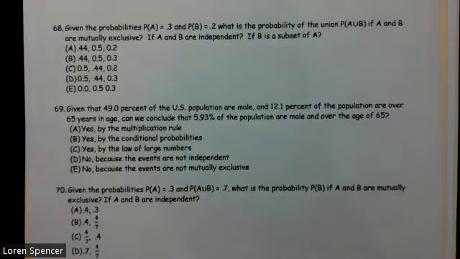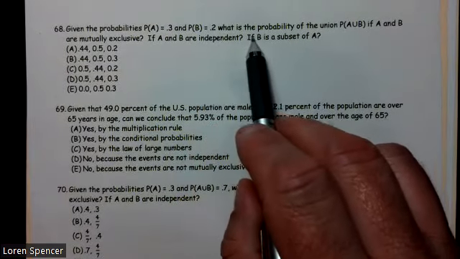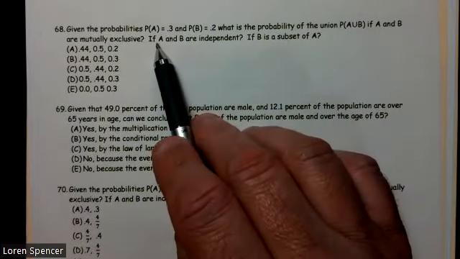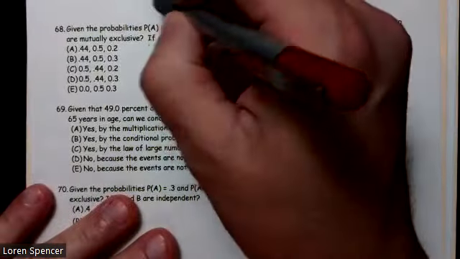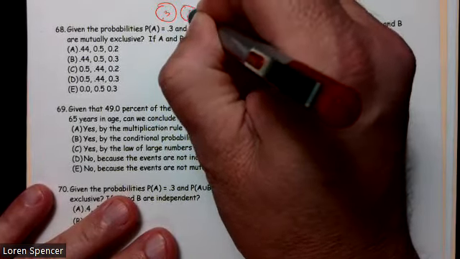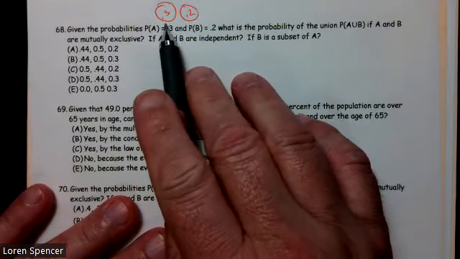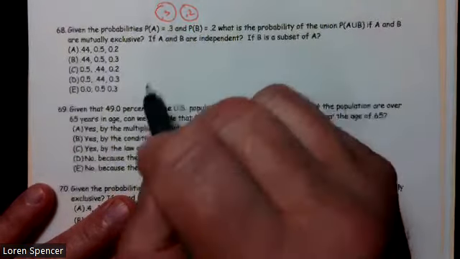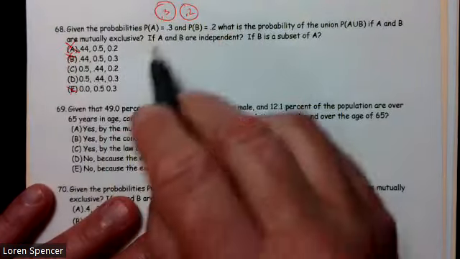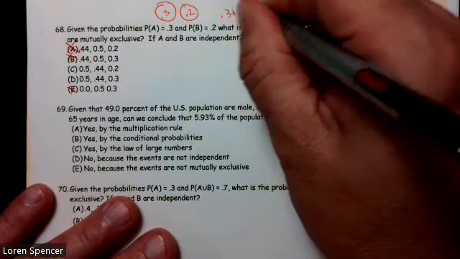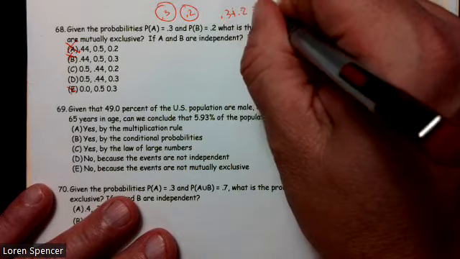Given the probabilities A equals 0.3 and B equals 0.2, what is the probability of the union of A union B if A and B are mutually exclusive? Oh, mutually exclusive. No overlap. So 0.3 and 0.2, that means I can add them directly. So that answer is going to be 0.5, because 0.3 plus 0.2 equals 0.5.